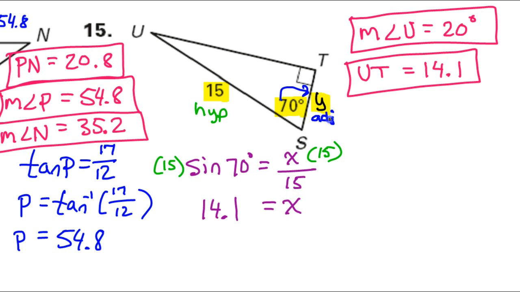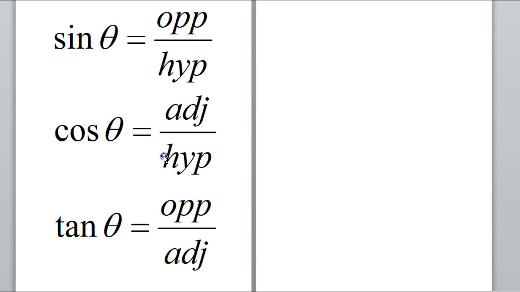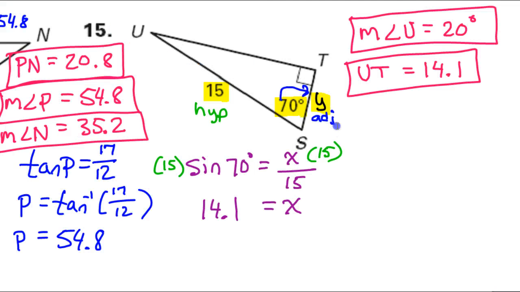So we have adjacent leg and we have hypotenuse. Adjacent, hypotenuse. That's your cosine function. So that's why we are going to write cosine of 70 degrees. That's adjacent leg over the hypotenuse. So that's y over 15.